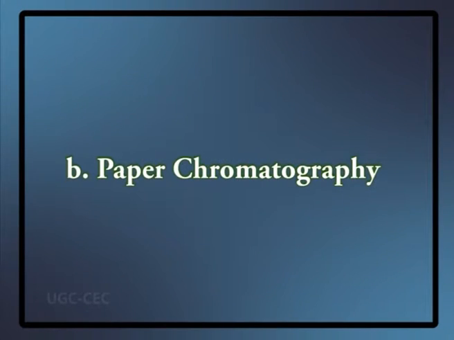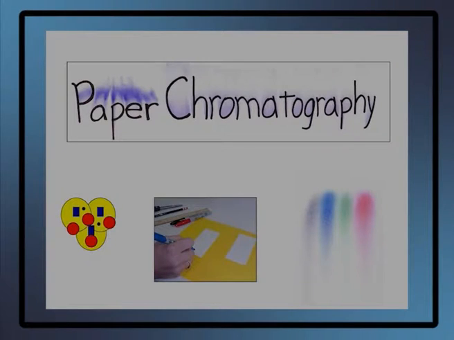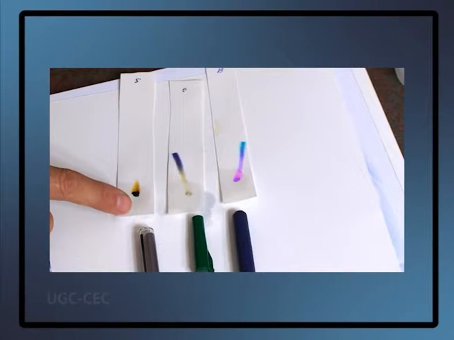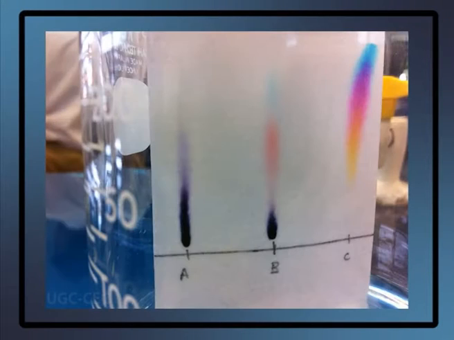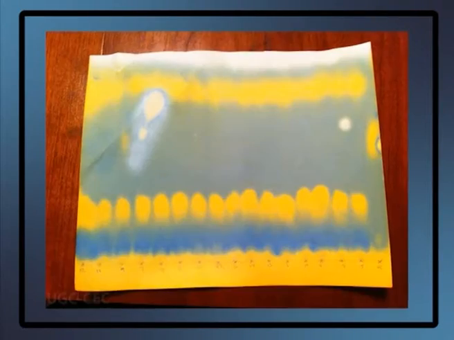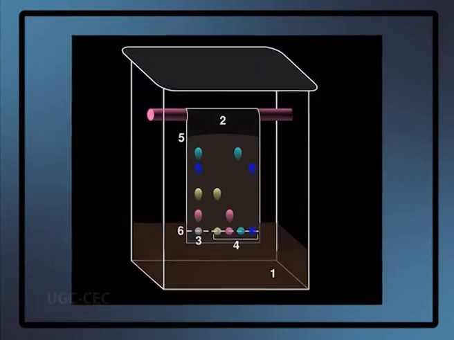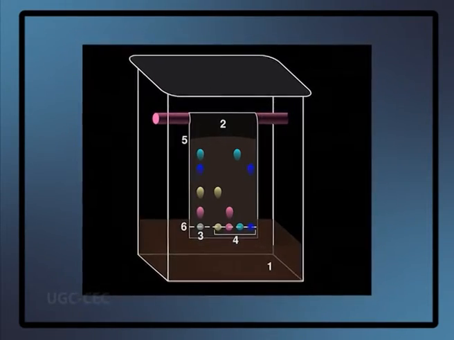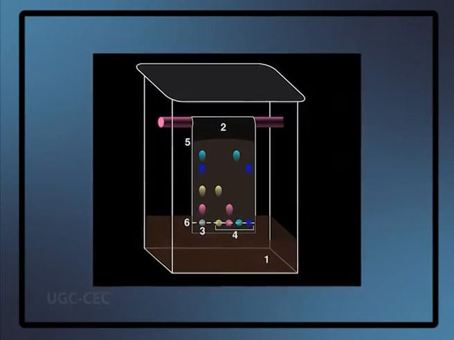B. Paper chromatography. It is a method of partition chromatography using filter paper strips as carrier or inert support. It is a chromatographic analytical separation technique for complex mixtures involving the progressive adsorption of the dissolved components onto a special grade of paper. With capillary action, the solvent will move up the filter paper.